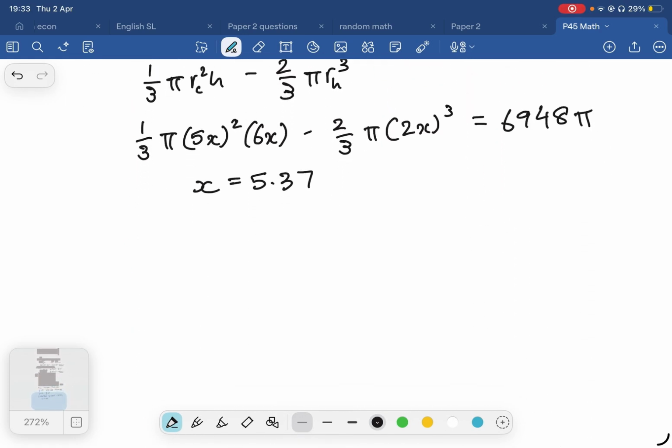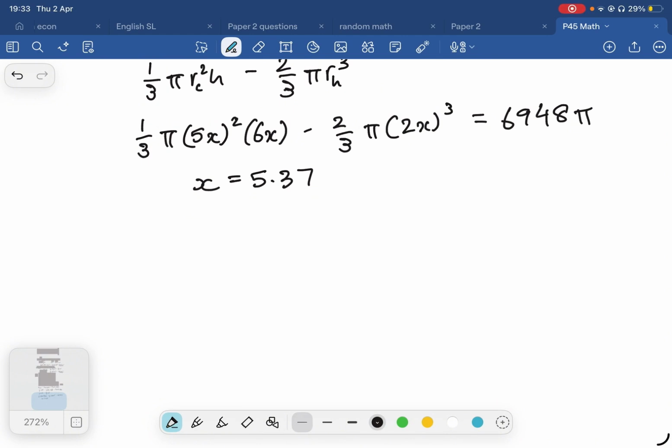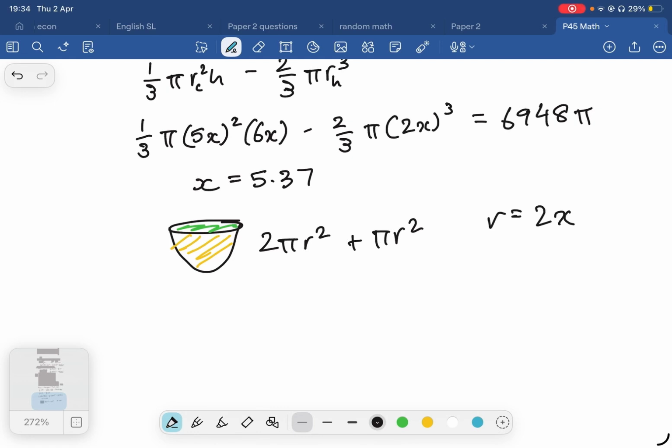Now, remember, in the second example, we spoke about how for a solid hemisphere, the surface area is not just the outer layer, but also the top bit here. So the formula would be 2 pi r squared plus pi r squared. And since r equals 2x, you get 2 pi times 2x squared plus pi times 2x squared.